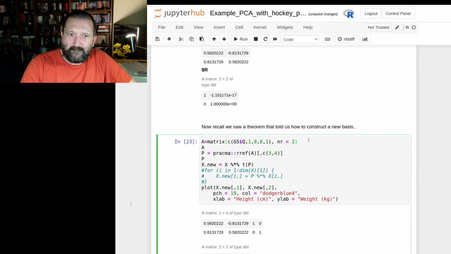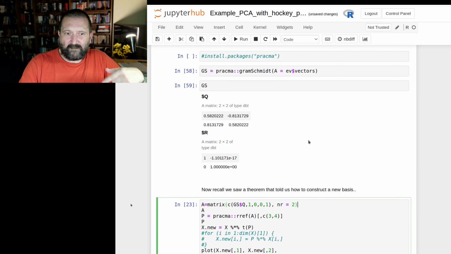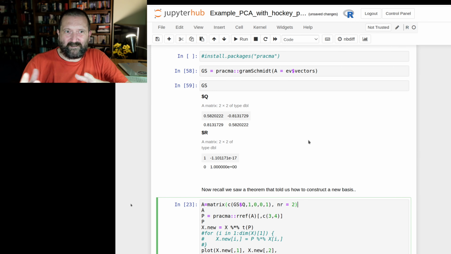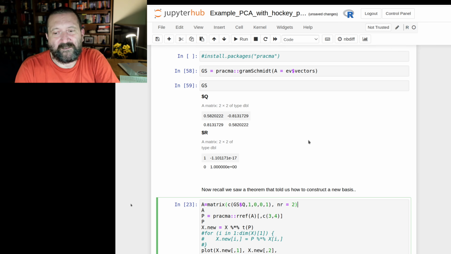Now, here, what we are going to do is apply this Q to make the new basis in which we are going to express the data.